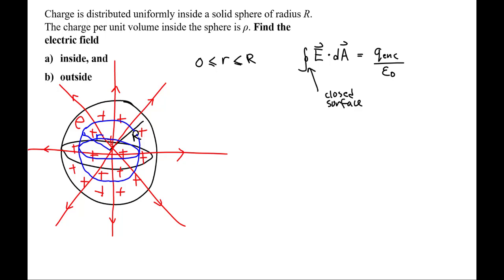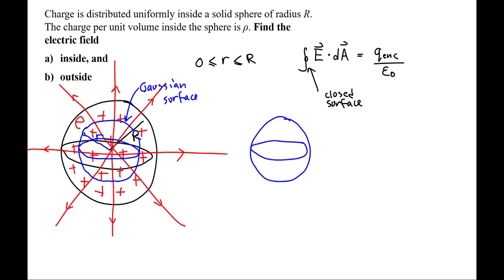So this Gaussian sphere encloses a certain amount of charge. And according to Gauss's law, there's a relationship between the amount of charge, the electric field, and the Gaussian surface that is enclosing that electric field. So instead of looking at the entire ball of charge, let's look at the amount of charge that we are enclosing. This is just some fraction of the overall charge.